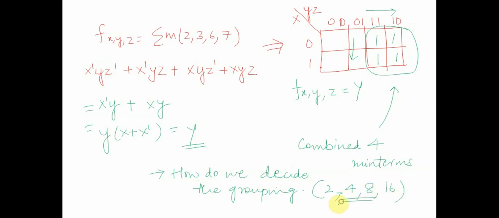Because the bigger the group, since we have 4 terms over here, which is 2 raised to power 2, the final output we got for xyz, which is 3 variables, is only 1 variable. So basically, the bigger the groups, the smaller will be the number of literals in each and every term, right? And the smaller the number of groups, the lesser will be the number of product terms.